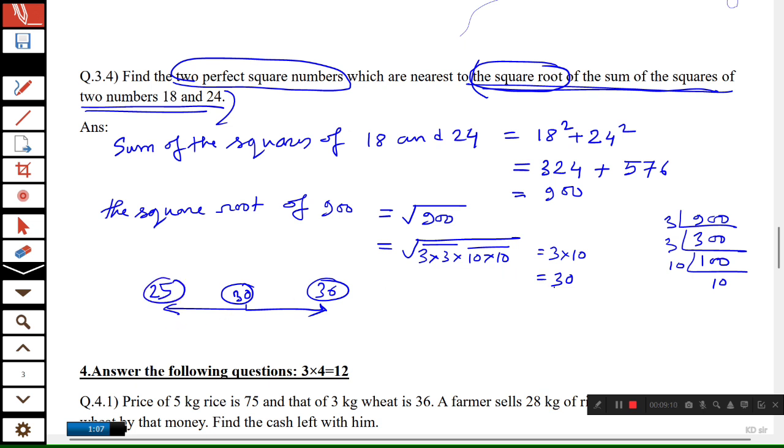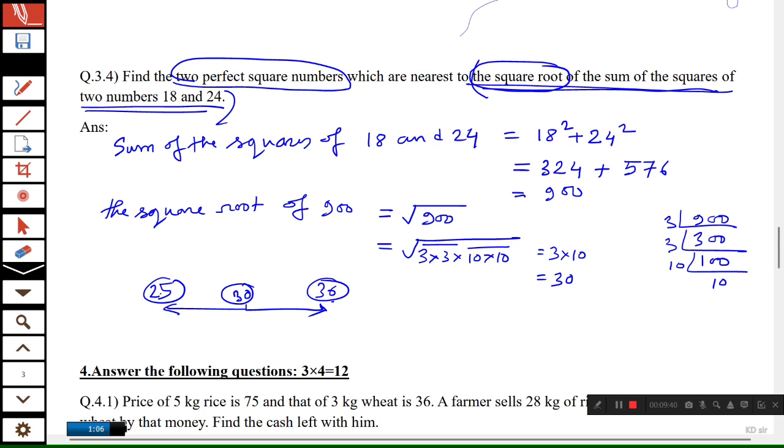If the number is a 3-digit or large number, in such case we have to do the division method to find the nearest number. Okay, since this 30 is a very small number, we can easily see that 36 and 25 are the previous perfect square and the next perfect square. But if the number is greater, suppose a 3-digit or 4-digit number, in that case we find these two numbers by the division method.